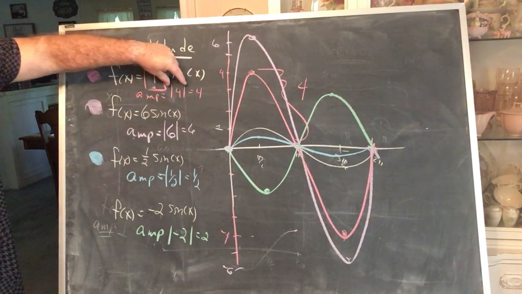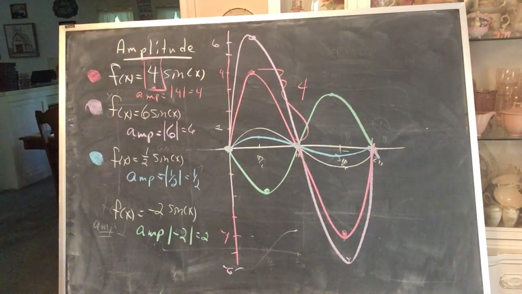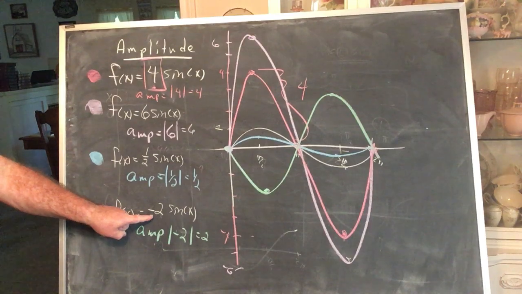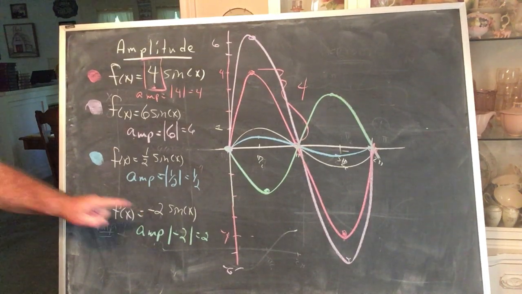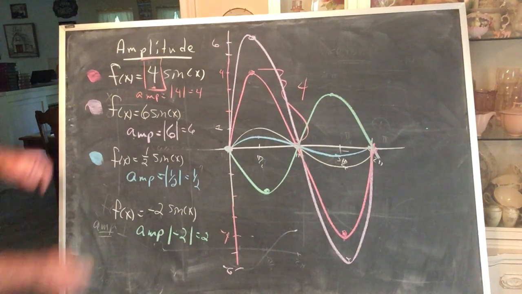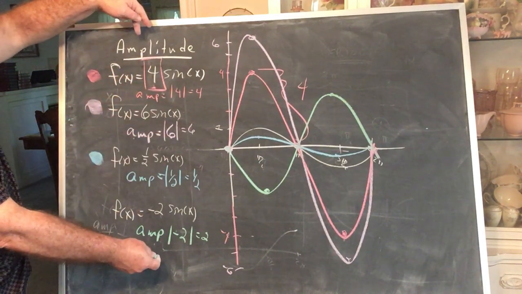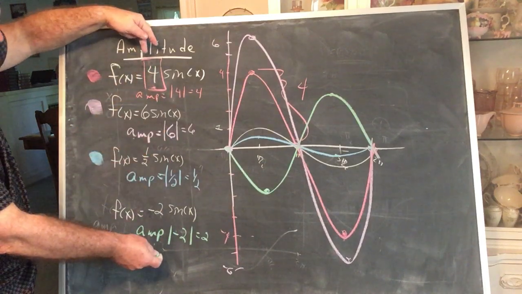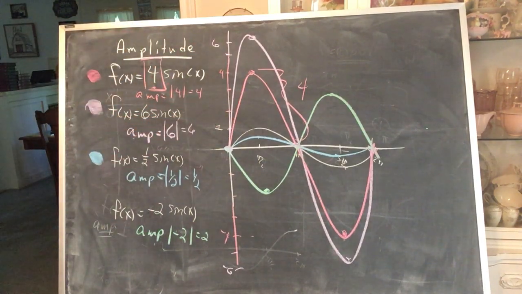Strictly speaking, the amplitude is the absolute value. Amplitude is a distance. Amplitude is not negative. The amplitude of this function is not -2. The amplitude of the function is 2. So, now if you know the amplitude in terms of the equation, you know what happens to the picture and vice versa.